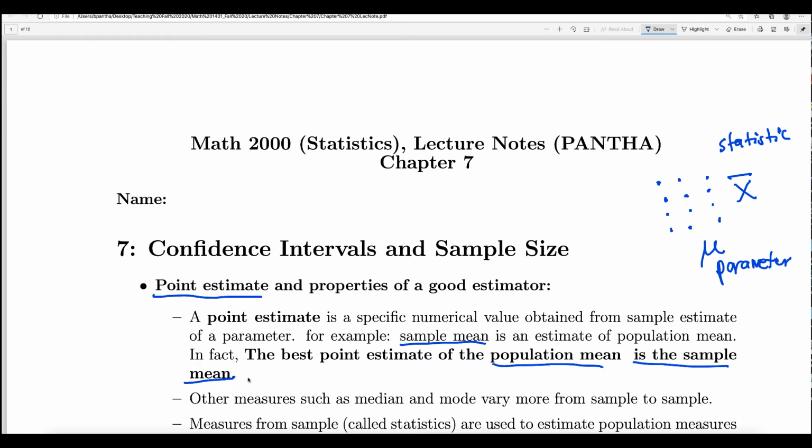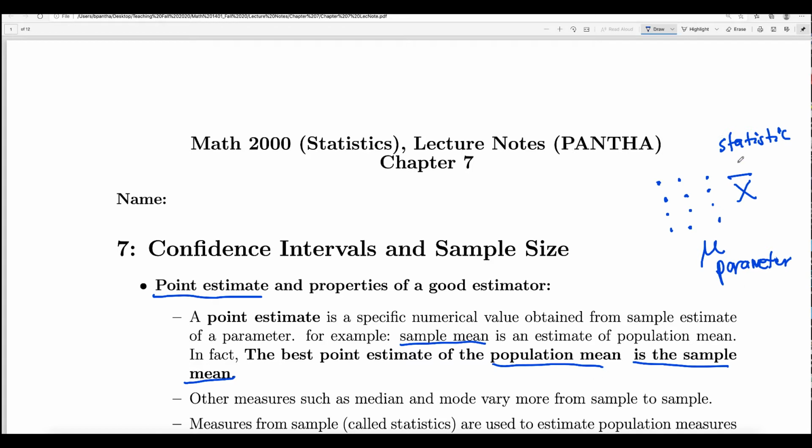Similarly, to estimate the population mean mu, you use the sample mean x bar. Other measures such as median and mode vary more from sample to sample.